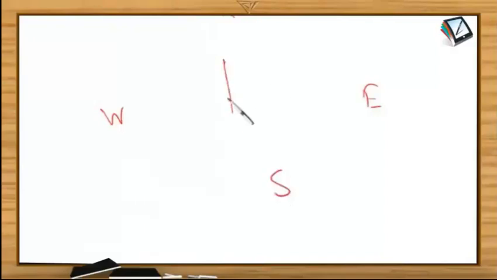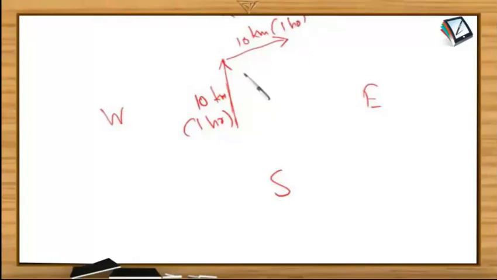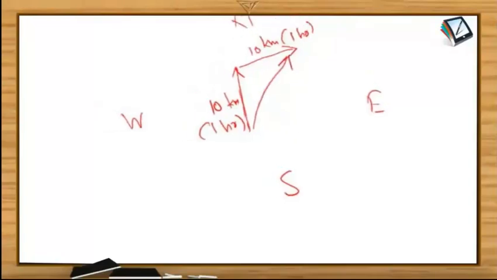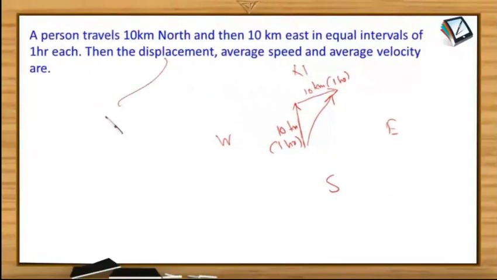The person travels first towards north by 10 km and the time taken is 1 hour. Then 10 km east, so it turns to east and moves 10 km for a 1 hour duration. Then the displacement, obviously, will be 10√2. So the first part answer is displacement, that is 10√2.